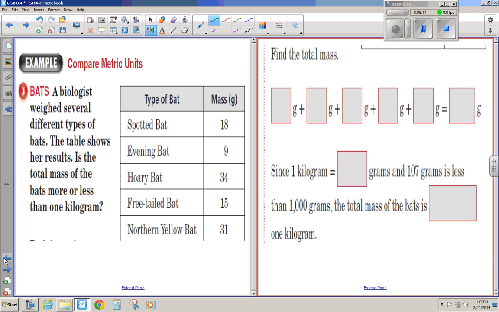All right. Compare metric units. A biologist weighed several different types of bats. The table shows the results. Is the total mass of the bats more or less than 1 kilogram? This is the mass in grams.